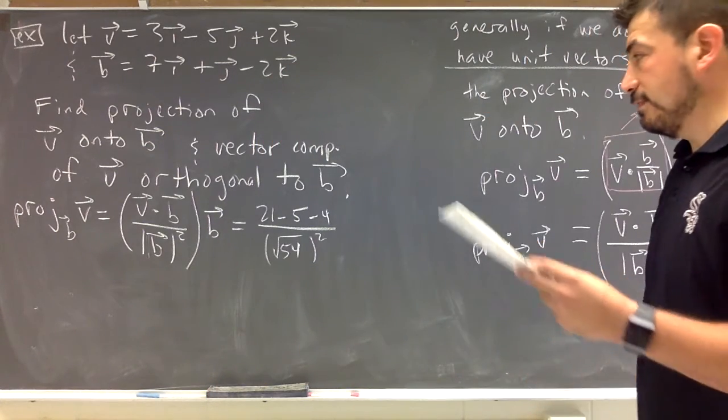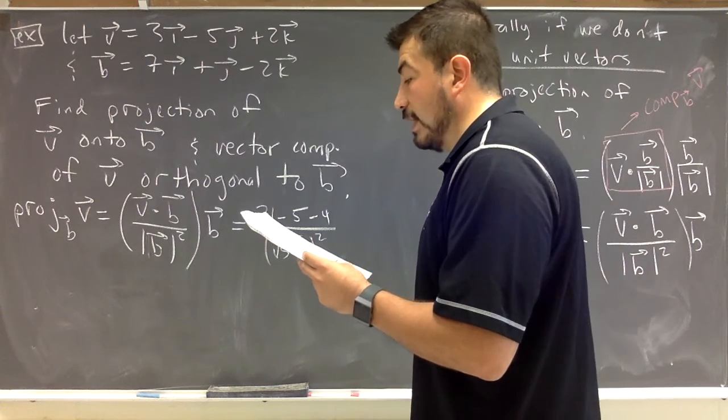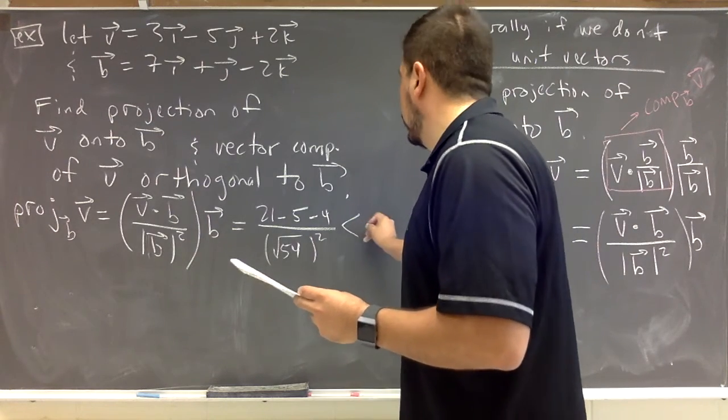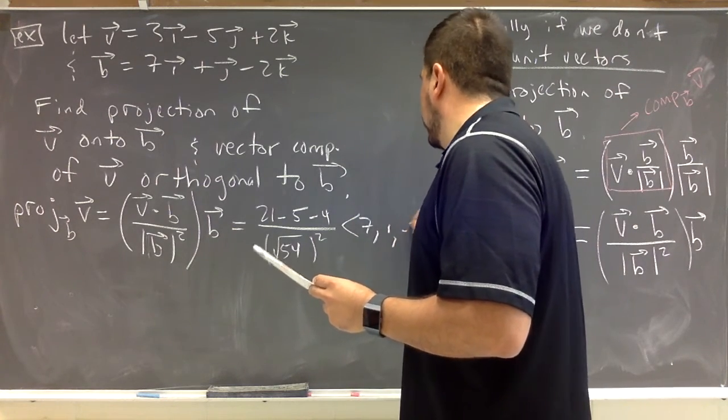The square root of 54 squared, and then that gets multiplied with B, which is 7, 1, negative 2.